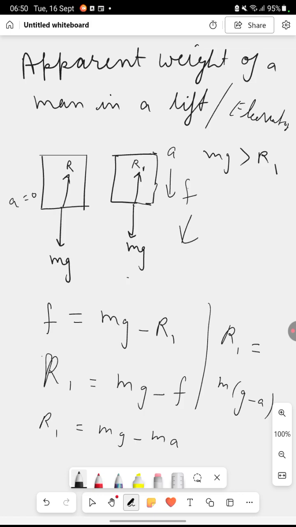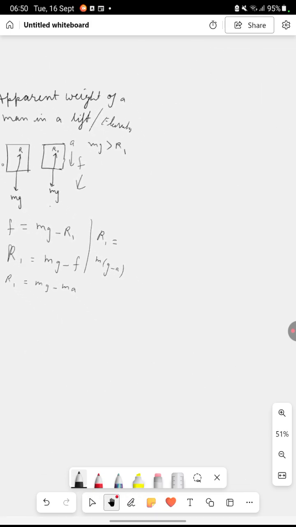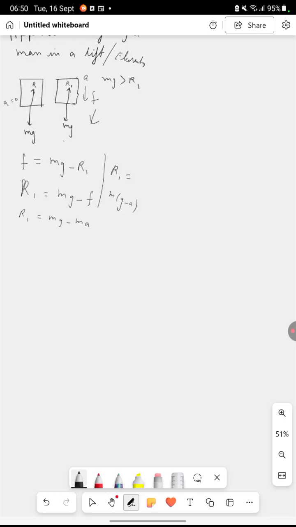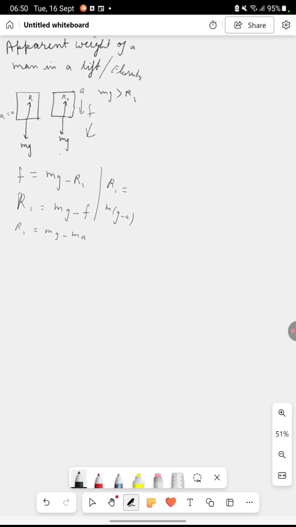Another case we can discuss is when acceleration is equal to g. If we make acceleration equal to g, what may be the condition then?